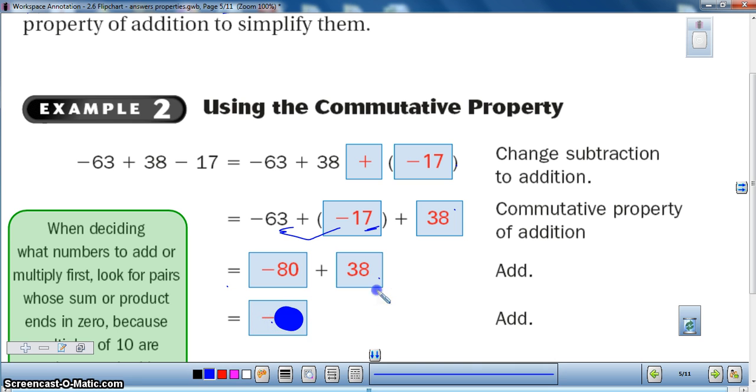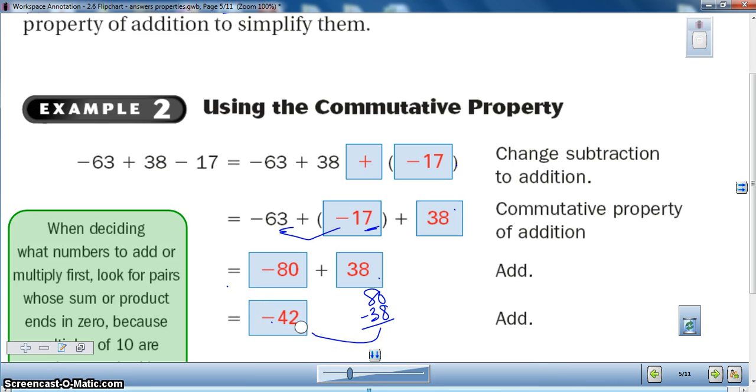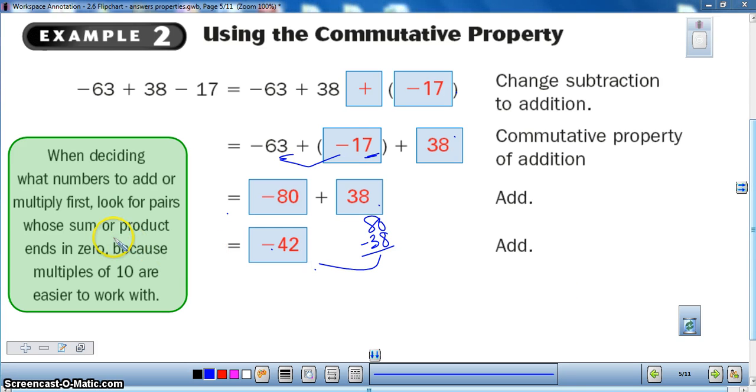We're going to subtract, so we take 80 minus 38, which gives us a solution of negative 42. Notice here it says when deciding what numbers to add or multiply first, look for pairs whose sum or whose product ends in a 0, because multiples of 10 seem to be a lot easier to work with in our head when we don't have a calculator.